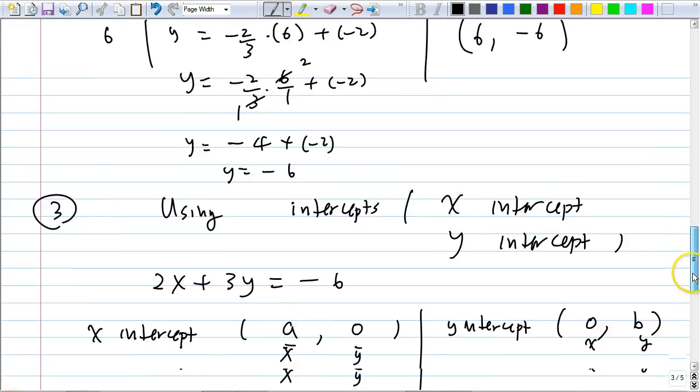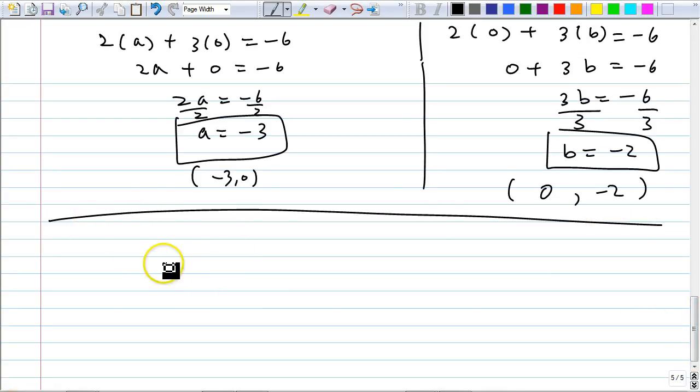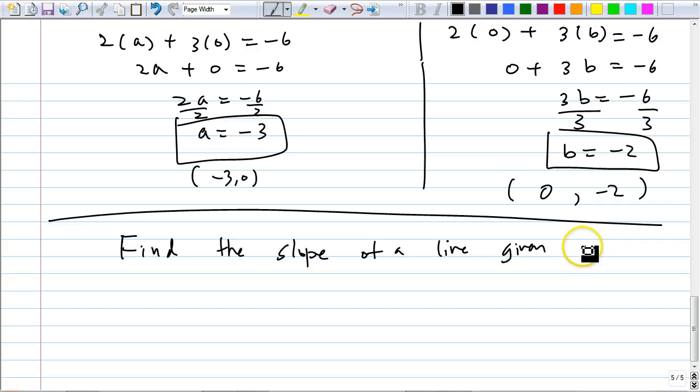And the last thing we learned was finding the slope of a line. So for example, if I gave you some points, find the slope of a line given 2 points, like -2, 3, and how about 3, comma, -5, okay?